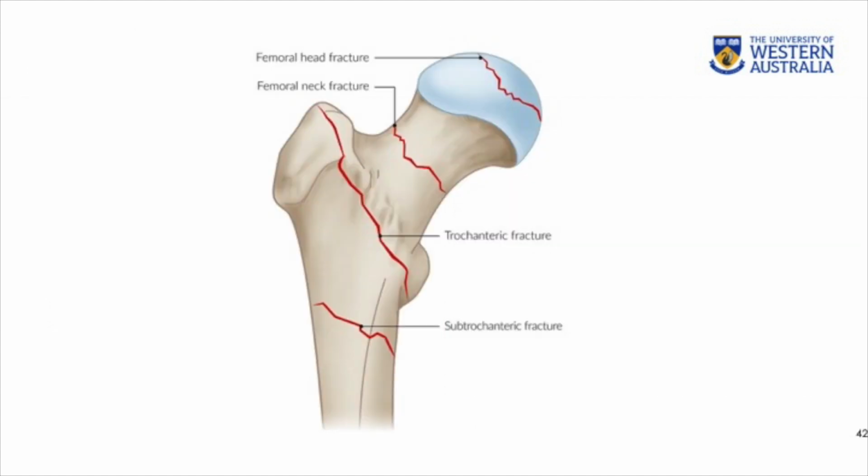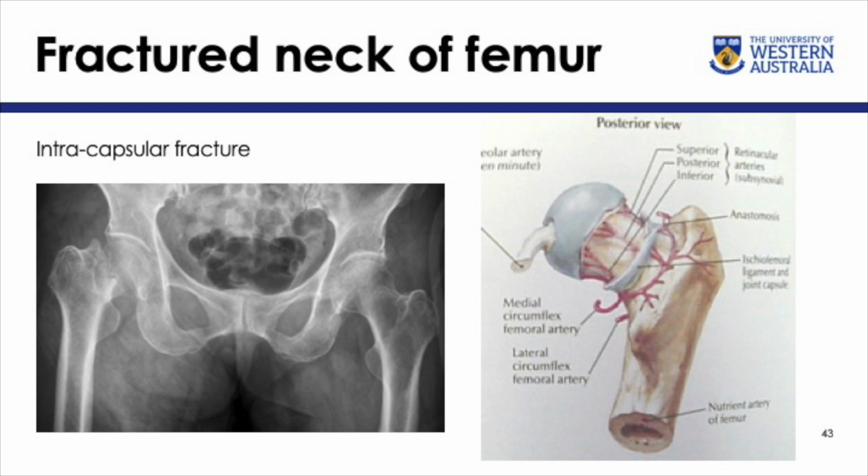The management of a fracture depends on the location of the fracture. Is it a femoral neck fracture, a trochanteric fracture, or a subtrochanteric fracture? And the importance of this goes back to our blood supply to the femoral head.